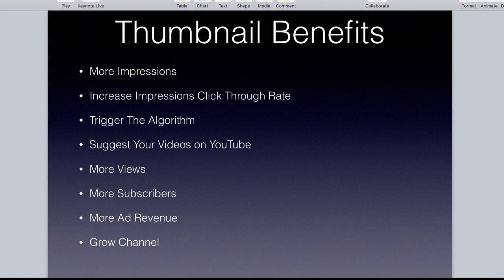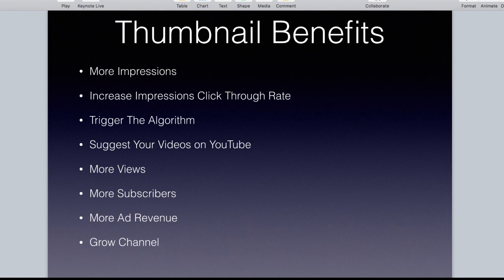So if you get a high impressions click-through rate, which is normally between 2 and 10%, then there's a greater possibility that your video is going to be pushed out by YouTube to suggested videos. So it's going to trigger the algorithm. YouTube's going to suggest your videos.